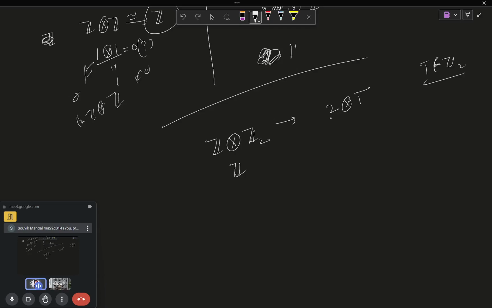It is thought of as 2 tensor 1 bar plus 0 bar.